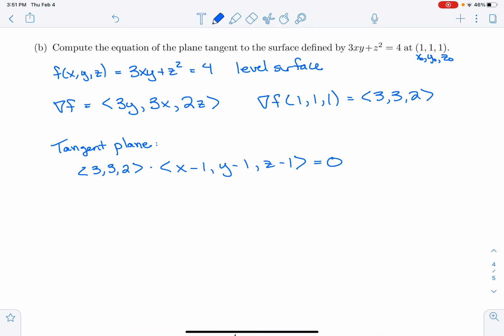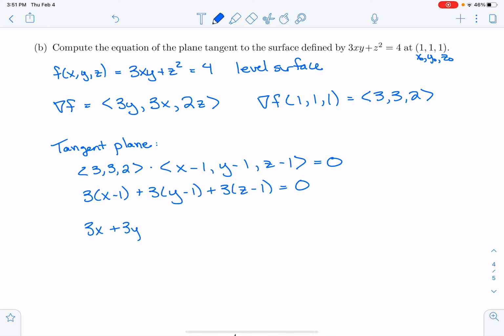So this says 3 times x minus 1 plus 3 times y minus 1 plus 2 times z minus 1 is equal to 0. Or 3x plus 3y plus 2z is going to equal, well, I've got a negative 3, a negative 3, and a negative 2, and they all add up to 8 when I bring them to the other side. And so that's the equation of my tangent plane.